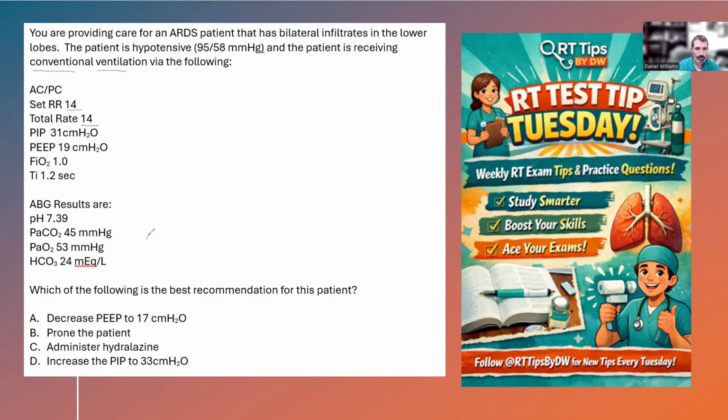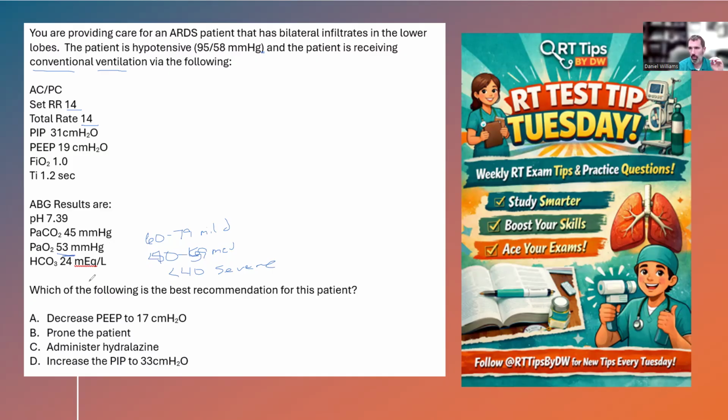So 60 to 79 millimeters of mercury would be considered mild. 40 to 59 will be considered moderate. And then anything that is less than 40 would be considered severe. So this individual has moderate hypoxemia. That 53 puts him right within that range. And your bicarb is right in the middle of normal.